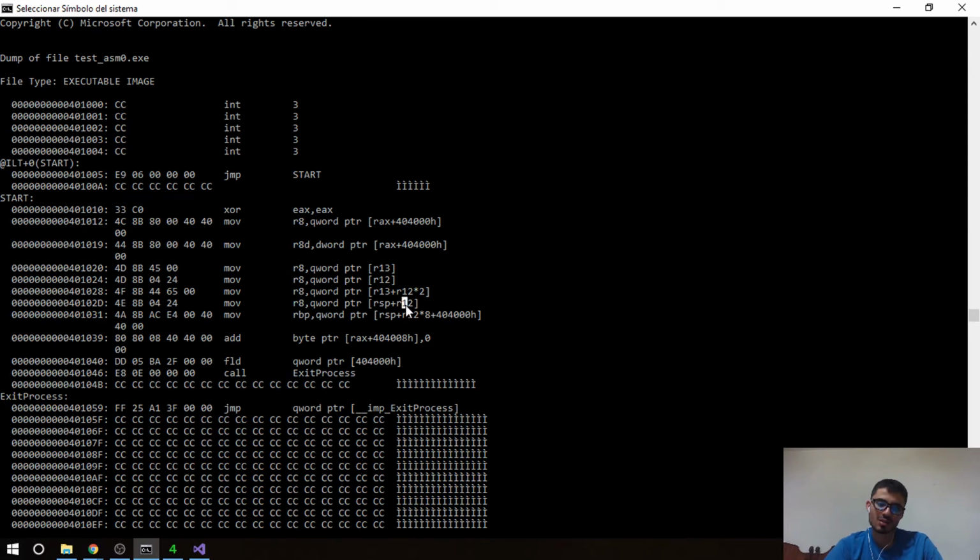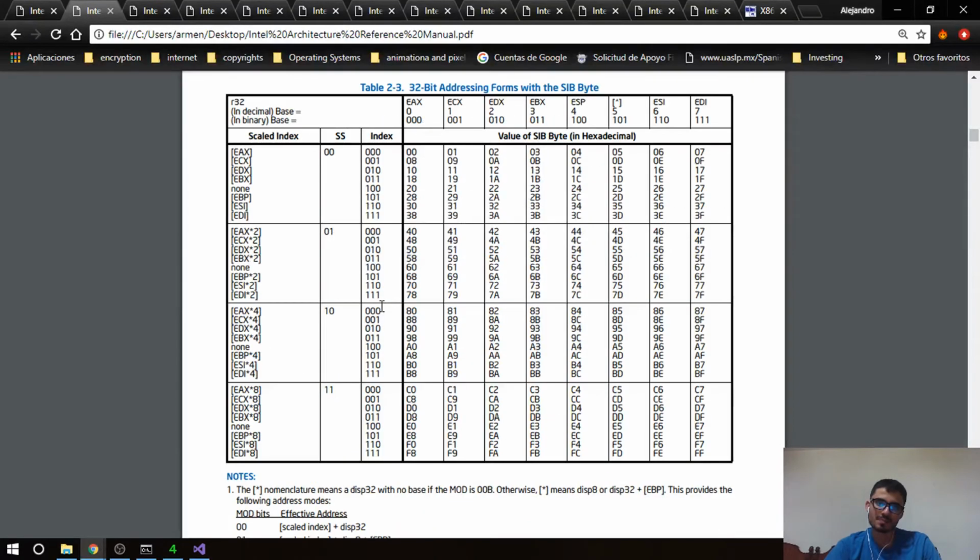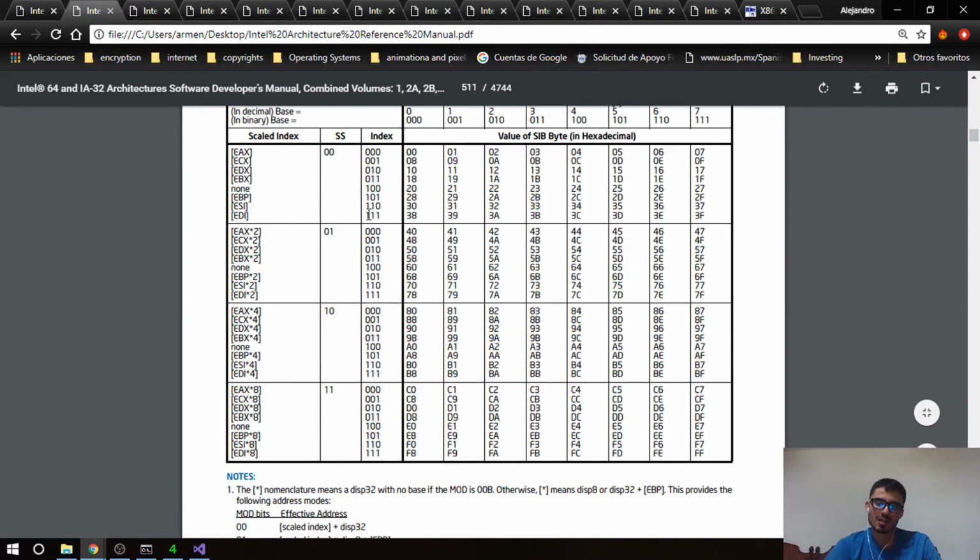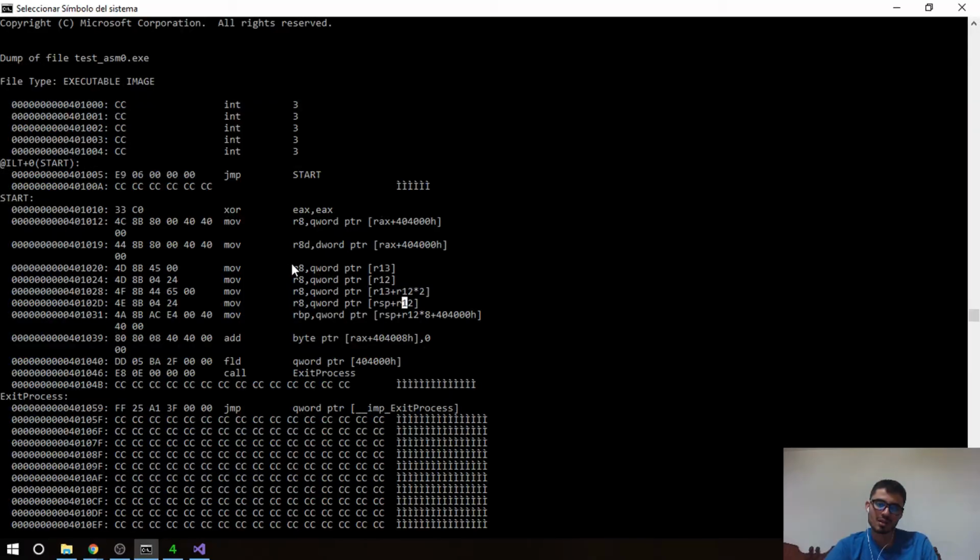So it thinks we are using R12 as an index, and RSP goes on the base. That means that 8, 9, 10, 11, 12. This is 12. This is possible. Okay, that was what I was expecting it to do.